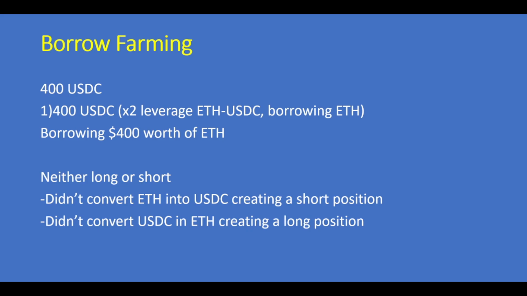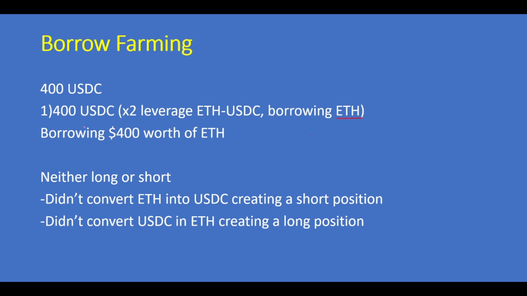Now let's take a look at the second strategy, which is borrow farming. I'll give you a little breakdown of what's happening here. Let's say you have 400 USDC again, and with that 400 USDC, you would 2x leverage yield farm the ETH USDC pair, and in this scenario you would be borrowing ETH.